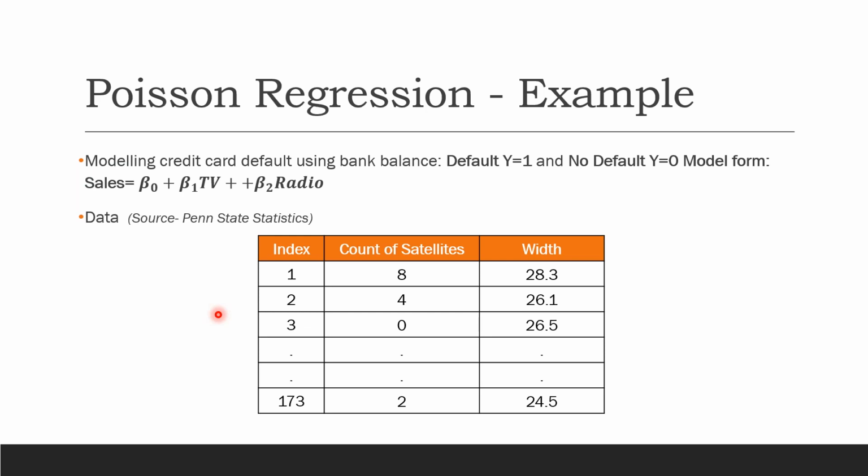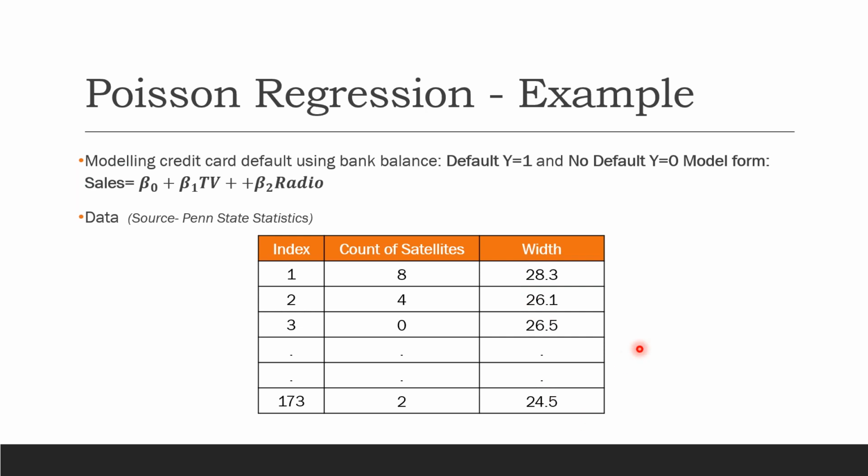This was quite an interesting problem, where we want to model the number of these satellites around the horseshoe crab based on the width of their shell. So you have the count of satellites, and then you have the width of their shell.